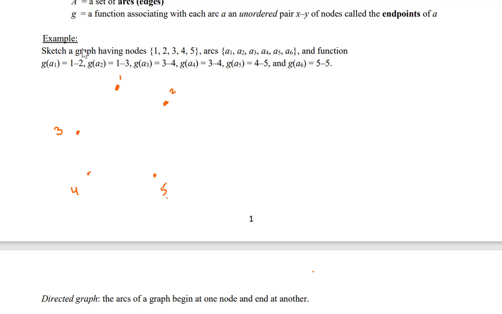So right here I draw the vertices. I have 1, 2, 3, 4, 5. And so A1 is connecting 1 to 2. A2 is 1 to 3. A3 is 3 to 4.